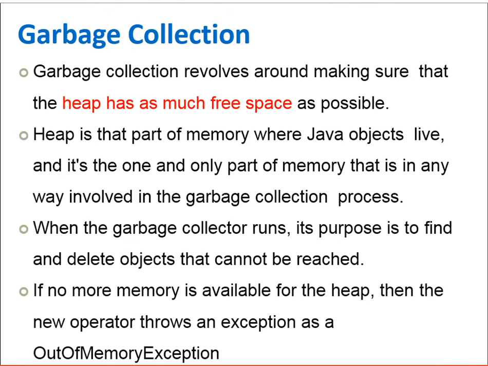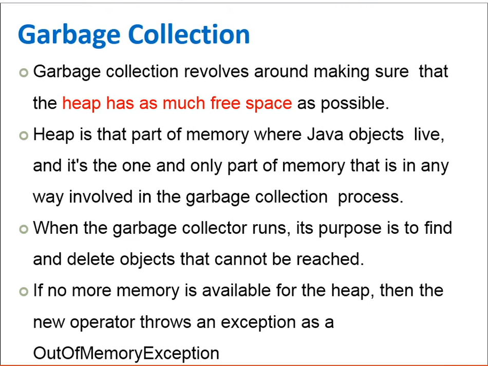Garbage collection revolves around making sure that the heap has as much free space as possible. The heap is the part of memory where Java objects live, because in Java every object is created using new, and it's the one and only part of memory that is in any way involved in the garbage collection process of Java.